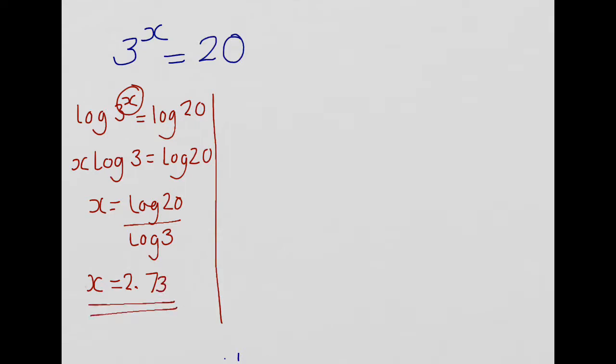The second way I'm going to do it is, rather than using the log button, to use the ln, the natural log button. Let's see what happens. I'm going to take the natural log of both sides. So, the natural log of 3 to the power x equals the natural log of 20. And again, I'm going to be using my power rule for logarithms.